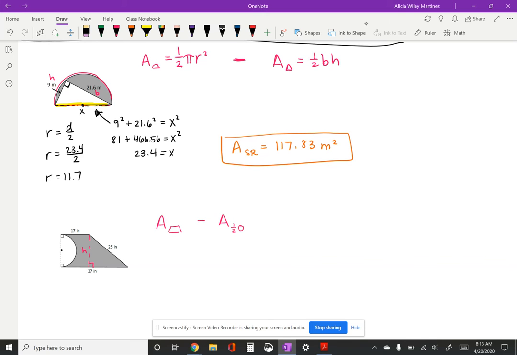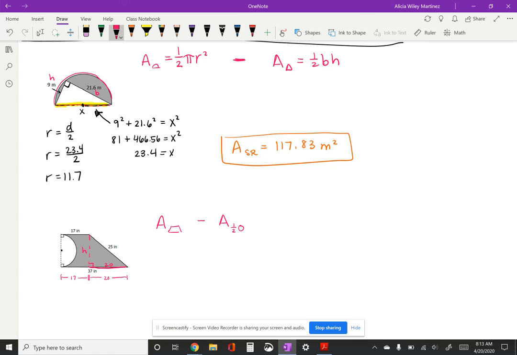Okay. Now again, they also don't give you this length right here, but they tell you that from here to here, this part right here is 17. And if the whole thing is 37, that means from here to here is going to be 20. So that means this is 20, right?